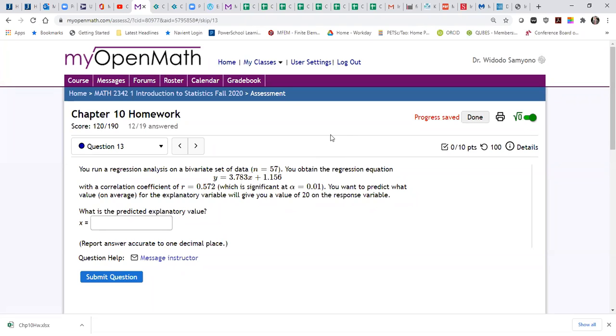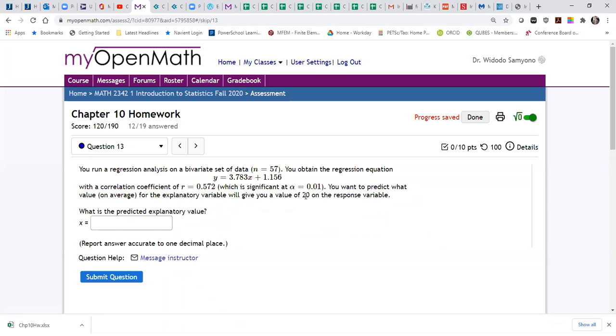In this case, you want to predict what value for the explanatory variable. The explanatory variable is just the x. They give you a value of 20 on the response variable, and the response variable is the y.